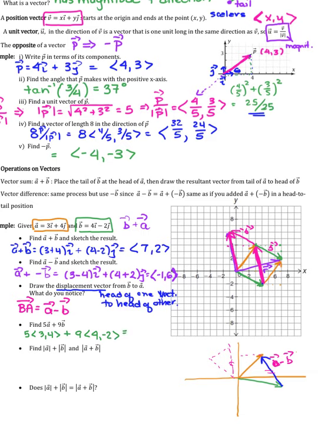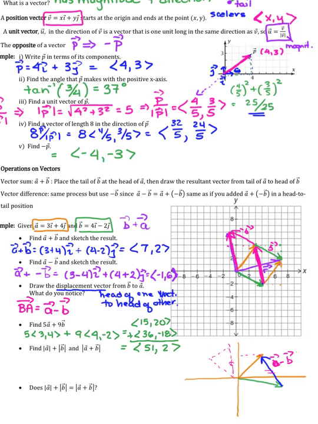But basically you're adding 15 and 20 to 36 and negative 18, and the result would be 51, 2. So you're just multiplying each by a scalar, and again, add like terms.